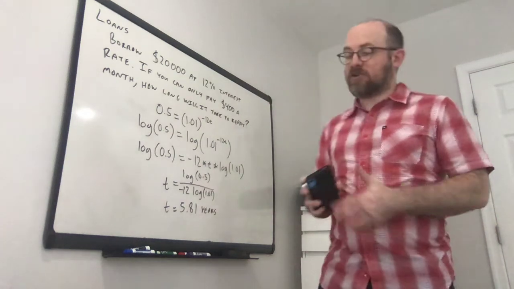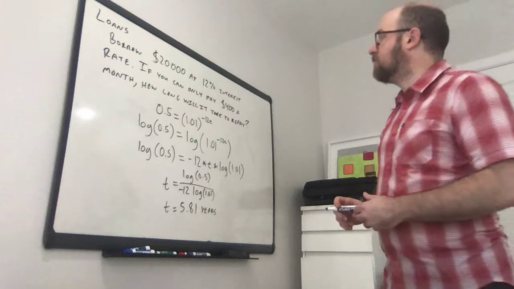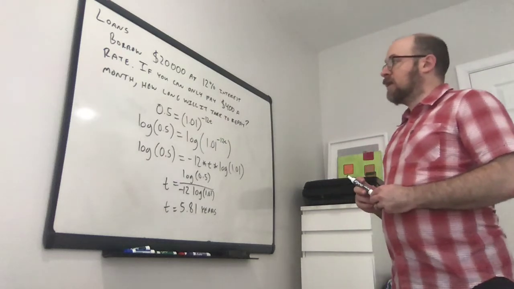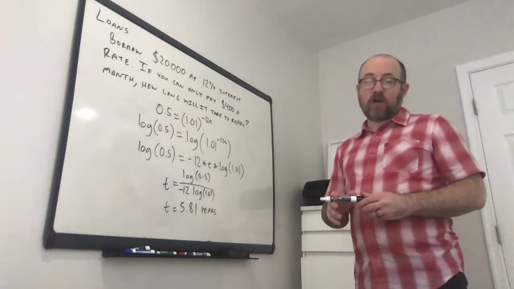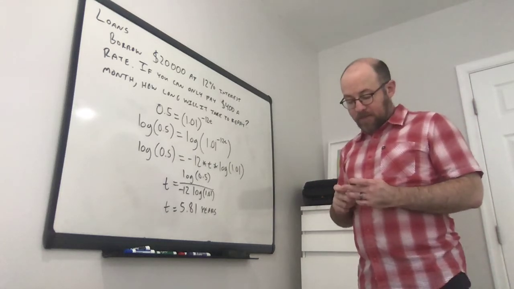Okay, so the answer to your question, if you borrow $20,000 at 12% interest and you can only pay back $400 a month, it will take you 5.81 years to pay it back.